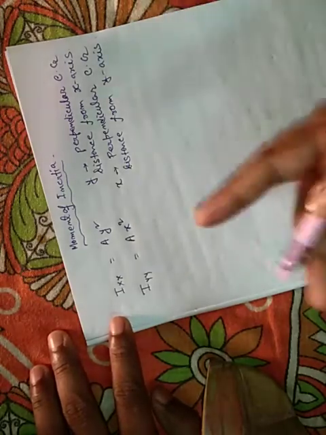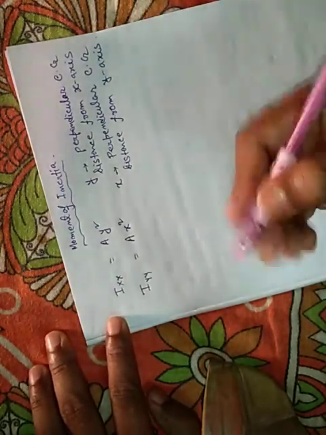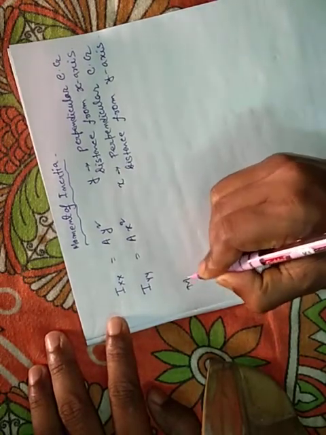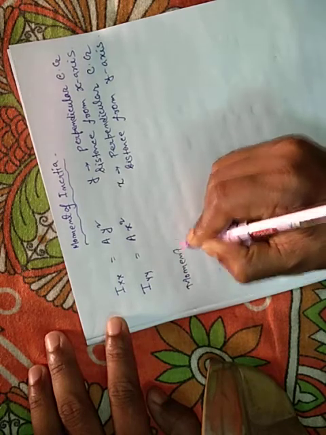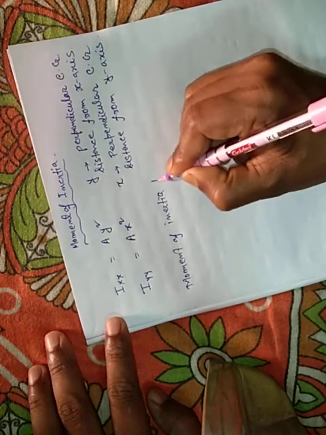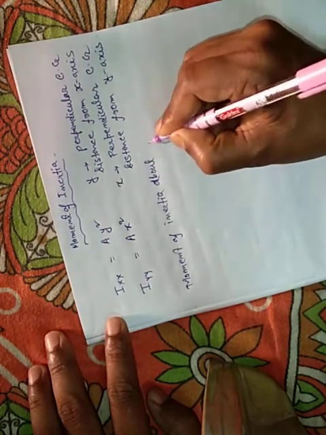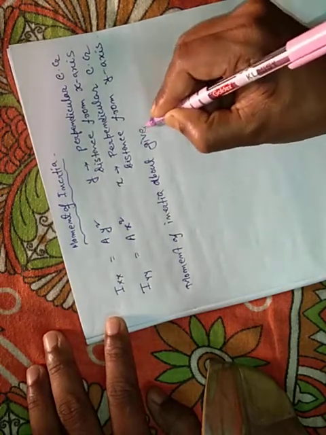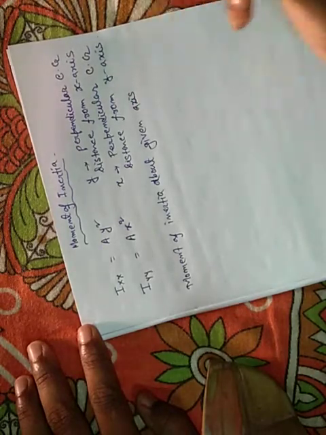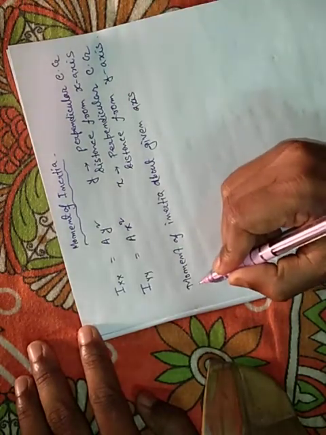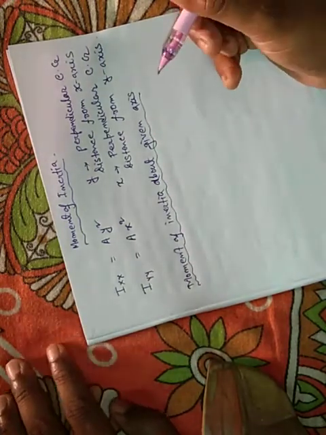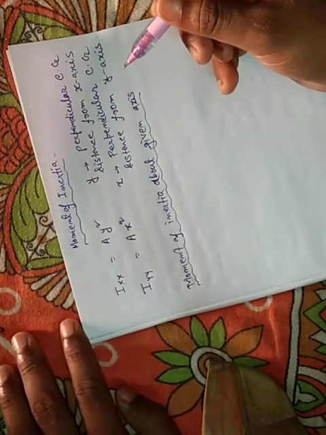Now consider a given axis. Now calculate the moment of inertia about the given axis. Not the x-axis, not the y-axis. It may be the x-axis or y-axis or z-axis.